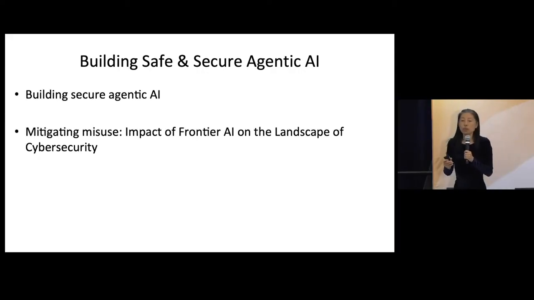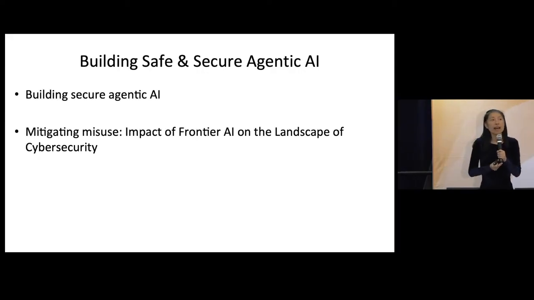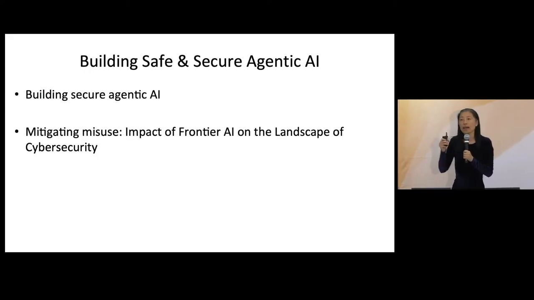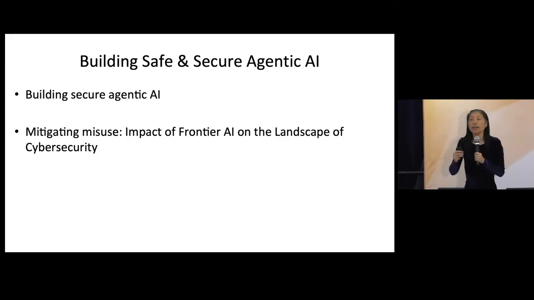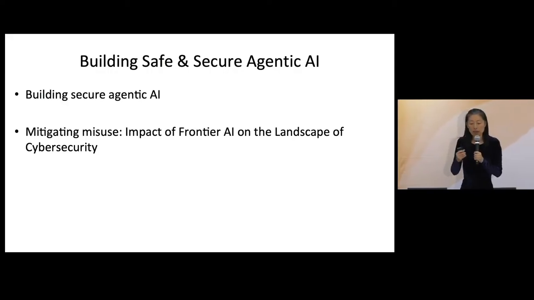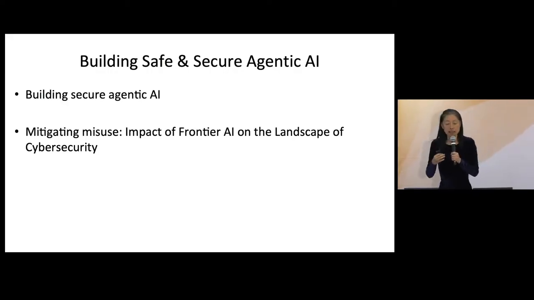So the goal is to build safe and secure agentic AI. And largely, the problem falls into two main categories that I will briefly overview in this talk. The first one is how we actually build secure agentic AI that can protect the agentic AI systems from different types of attacks. And the second one is mitigating misuse of AI by attackers.